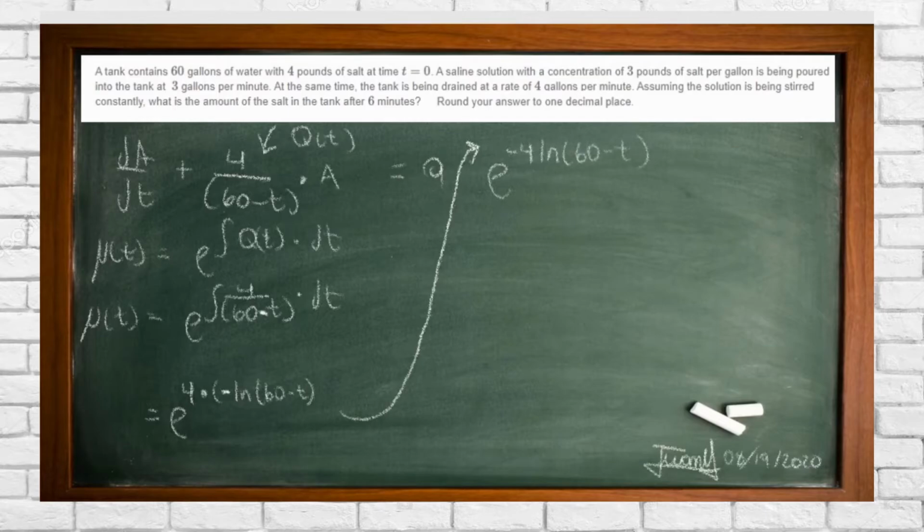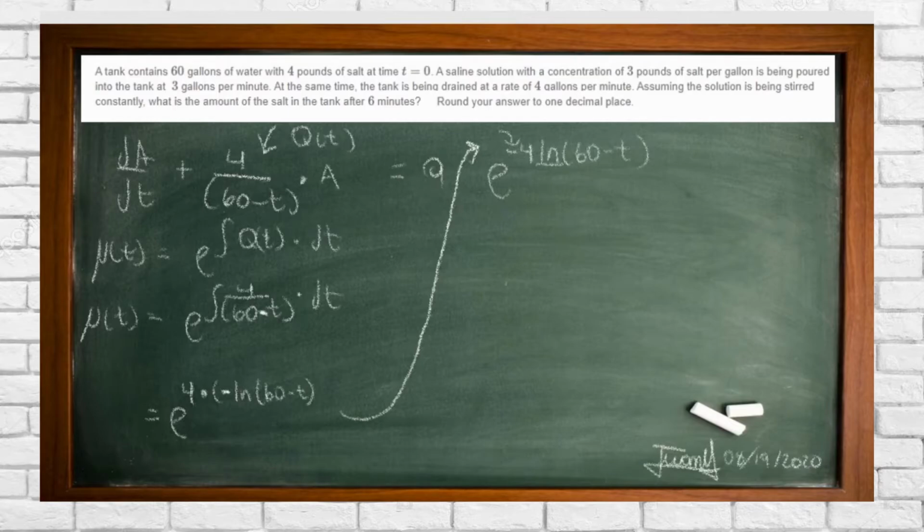And since we have e to the power of a natural logarithm, which is a logarithm with base e, what we want is to put this coefficient right here as an exponent due to the properties of logarithms, and cancel out this logarithm with the base.